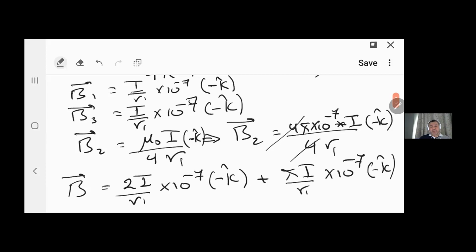So this is the magnetic field using the superposition approach to calculate the magnetic field right at the point P, where this point P happened to be right at the edge of the half infinite wires for both halves, and also it happened to be the center for the semicircular loop.